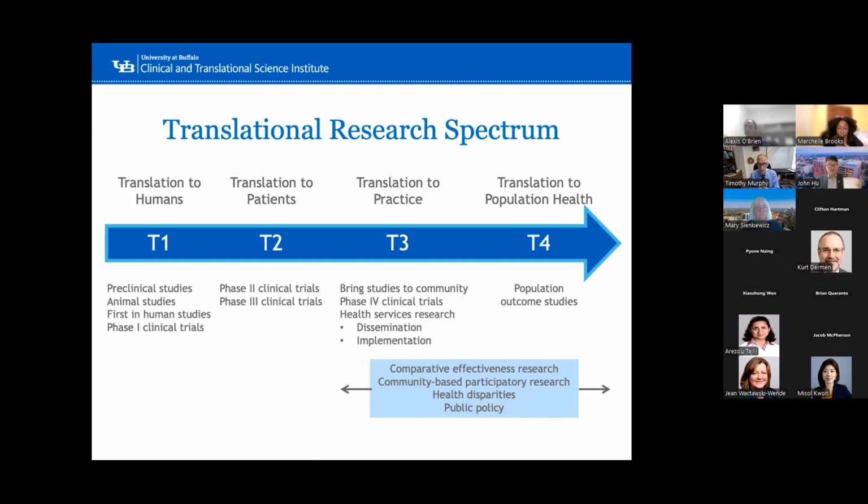And then phase 4 trials are trials that are done after a drug has been approved by the FDA. So the FDA might approve a drug with a couple hundred thousand participants in clinical trials, and yet the phase 4 trials may include a couple million.